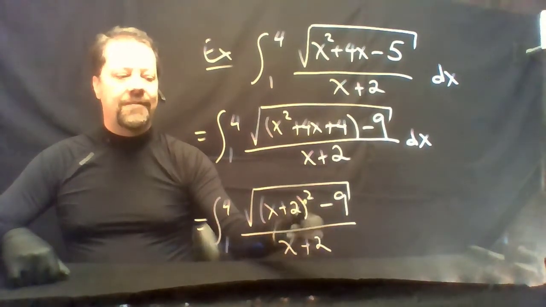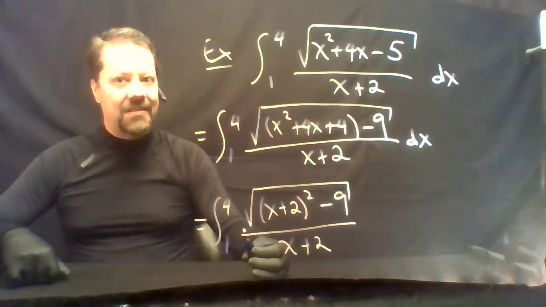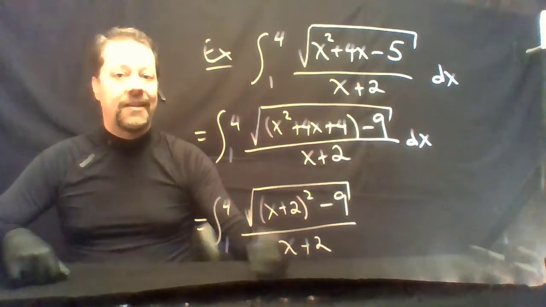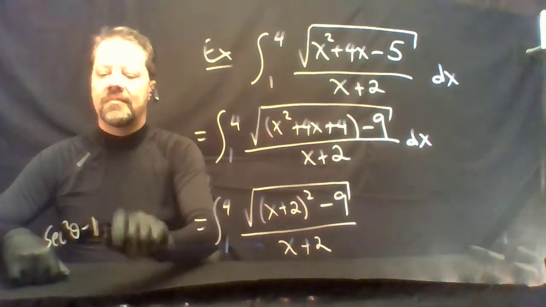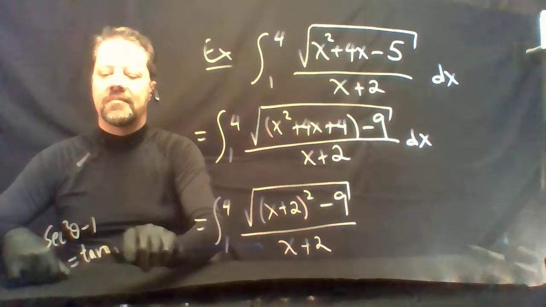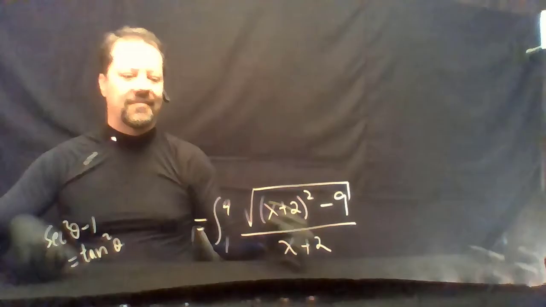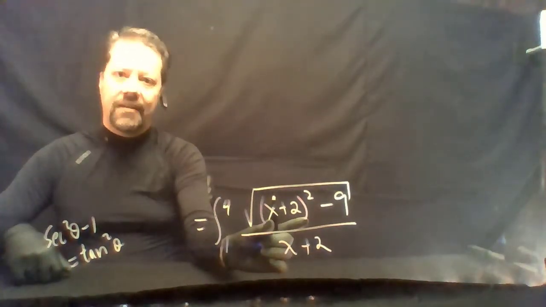Because it's variable stuff squared minus a constant, we're going to use a secant for our substitution this time, because secant squared theta minus 1 is tangent squared theta. That will allow us to get rid of the square root. The substitution is the square root of the variable stuff.